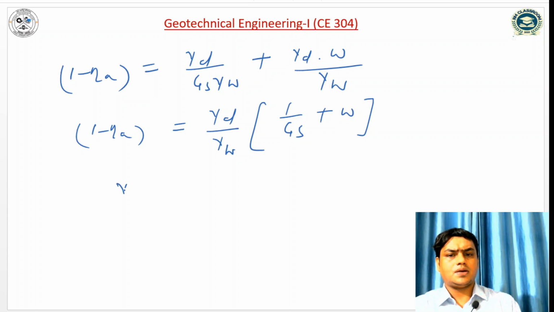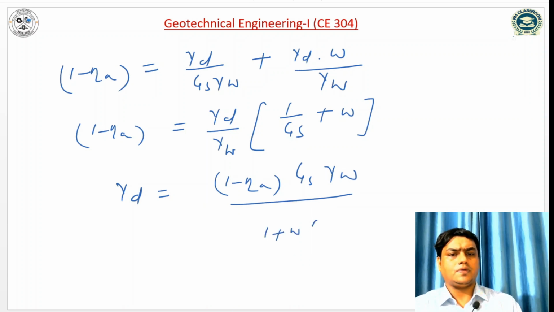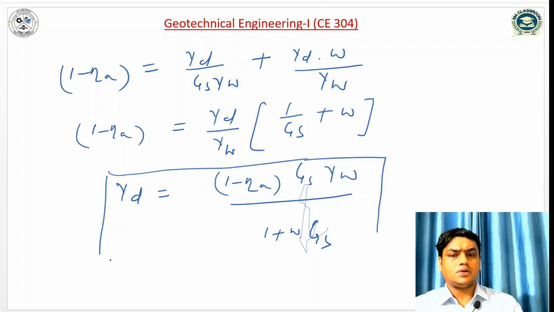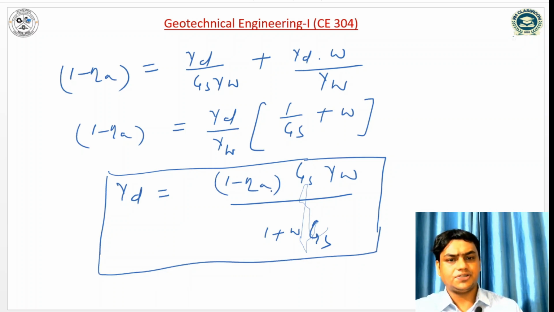So gamma D can be written as (1 minus na) into Gs gamma W divided by (1 plus w into Gs). So this is the relationship between dry density, percentage air voids, specific gravity of solid, and water content.